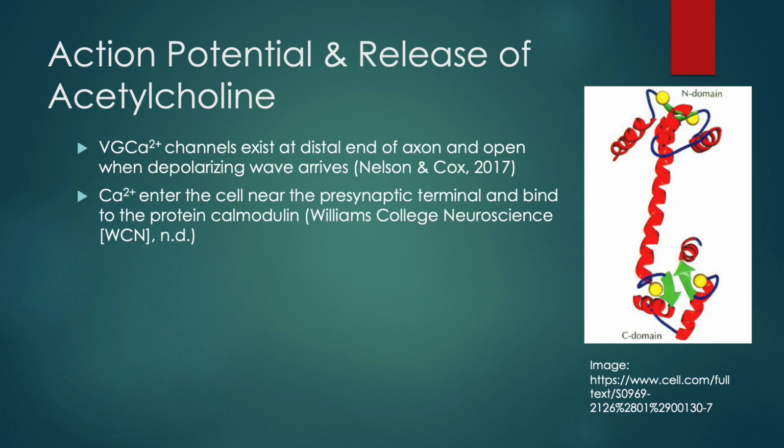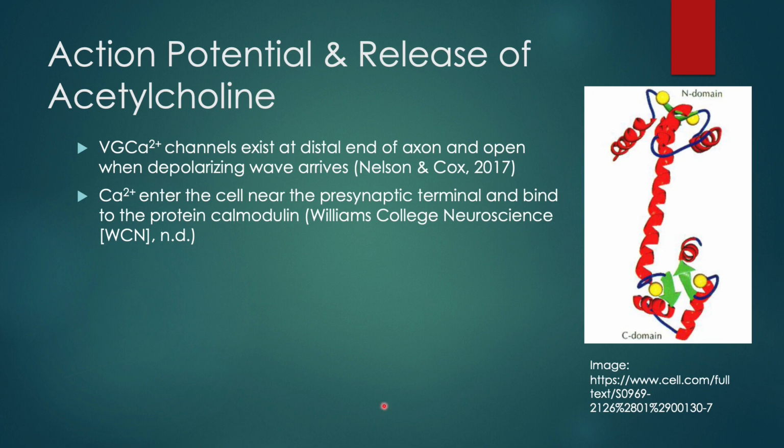So on the far end of that axon in the presynaptic nerve, there are some calcium ion channels, and what will happen is the calcium ion channels will open, and calcium will enter the cell near the presynaptic terminal and bind to the protein calmodulin.